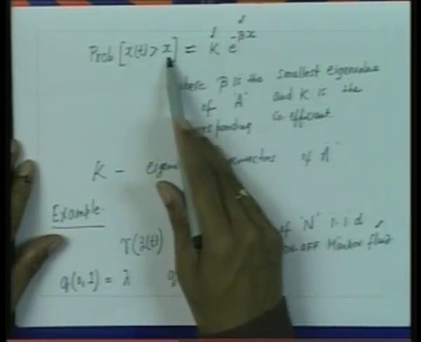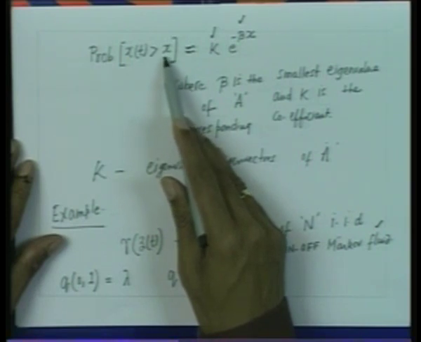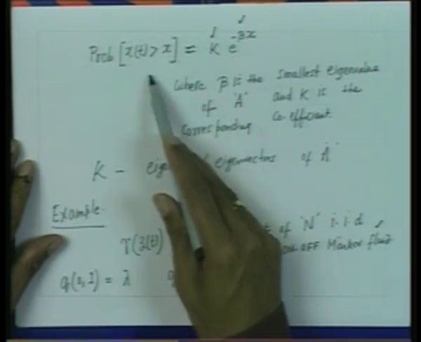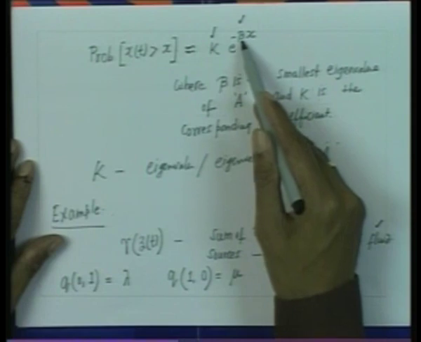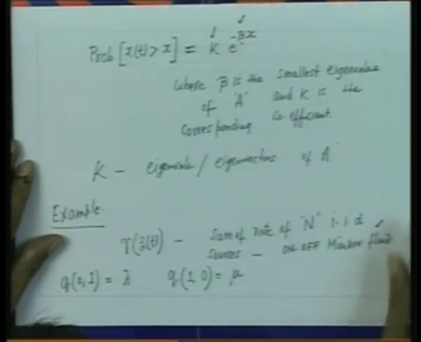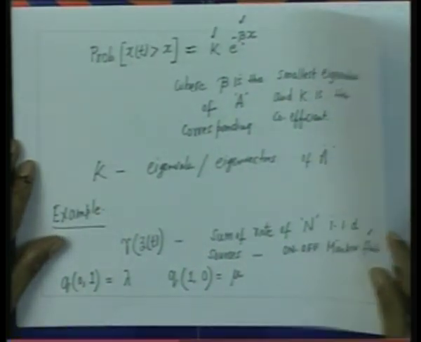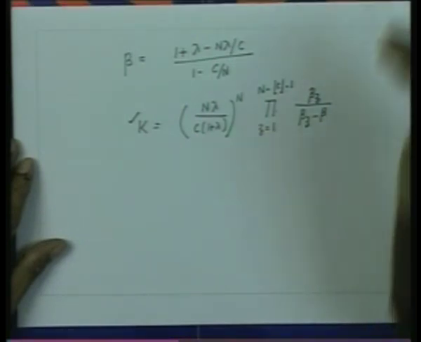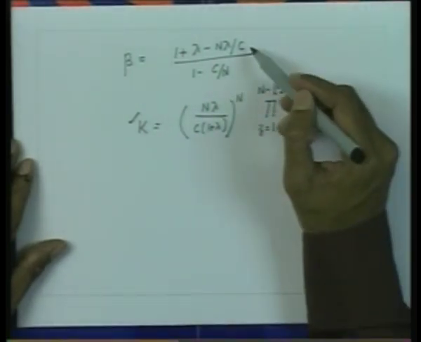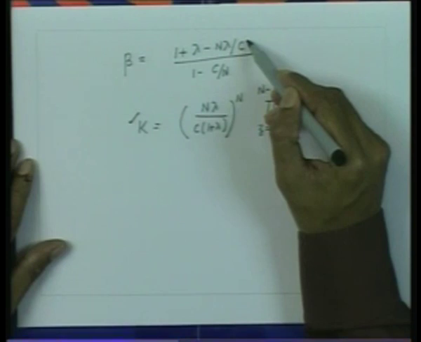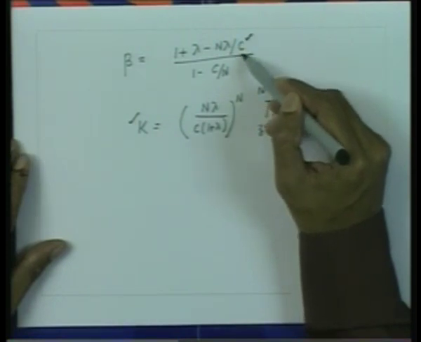So if we know the maximum buffer length that we want, from that we can determine the value of beta, and if we know the value of beta that we should keep, then from that we can determine the value of C that we should have.